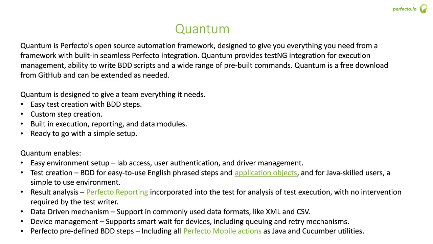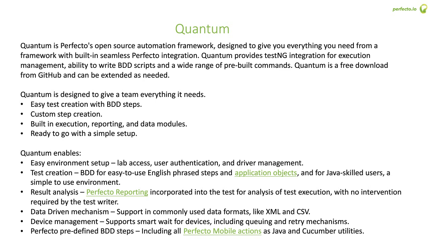So Quantum is designed to give a team really everything it needs: easy test creation, built-in execution, reporting, and data modules. And the key piece that we talk about when we talk about Perfecto is the CELA concept: Creation, Execution, Lab, and Analytics. This piece predominantly addresses the C piece, the creation piece.